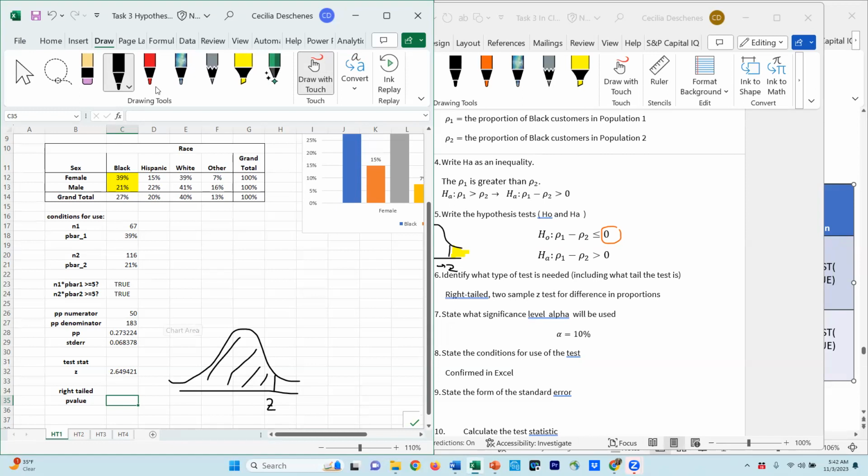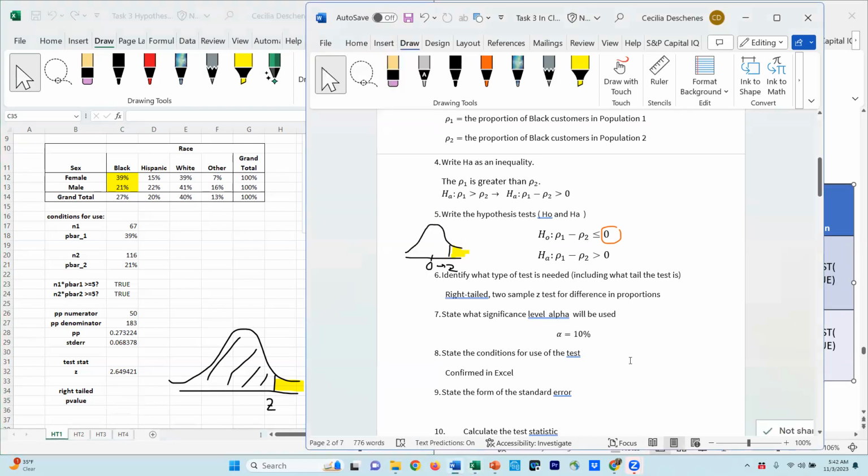And we want the area to the right. So the only way we can do that is we're going to use the fact that the area under the entire curve is 1. So the area in the yellow part is 1 minus the area to the left of Z. And I think we went over this in class.